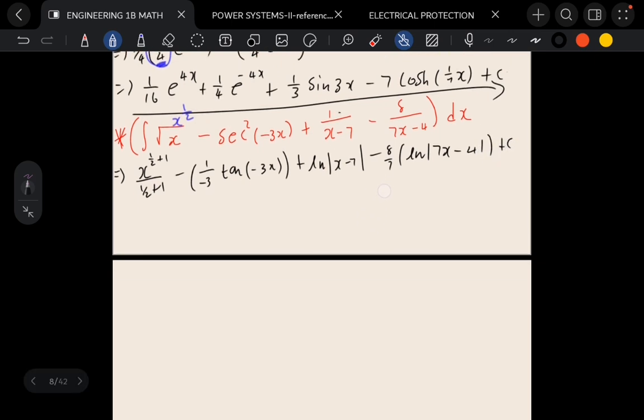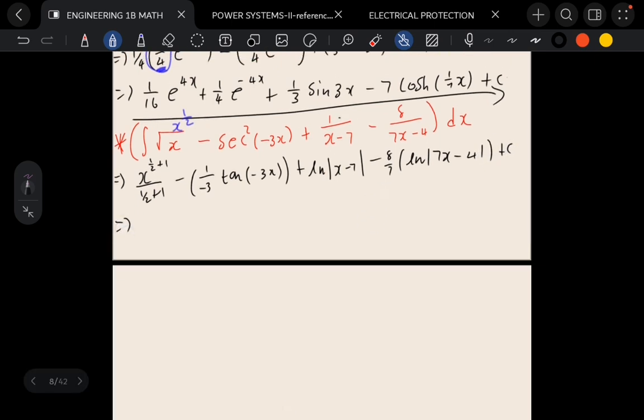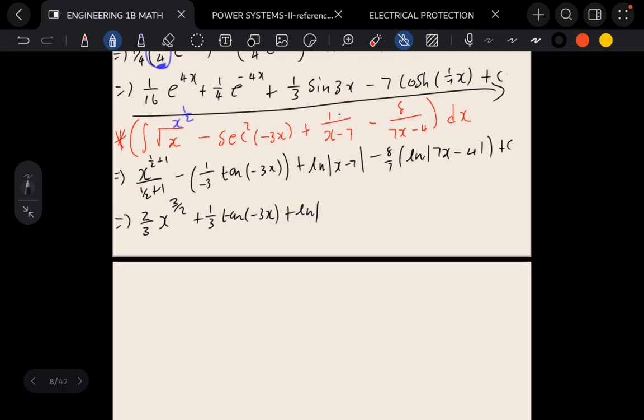plus c. So we can simplify this to have 3 over 2, which is going to be 2 over 3 x to the power 3 over 2 plus 1 over 3 tangent of negative 3x plus ln x minus 7 minus 8 over 7 ln 7x minus 4 plus c.